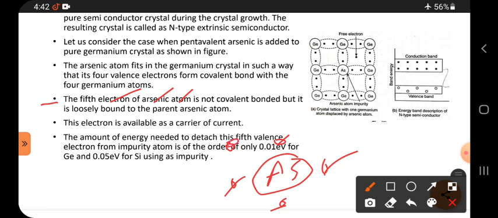That means if you give a small amount of energy, it easily comes out from the attraction of arsenic. That is a loose connection. This electron is available as a carrier of current, meaning it is responsible for the production of current.